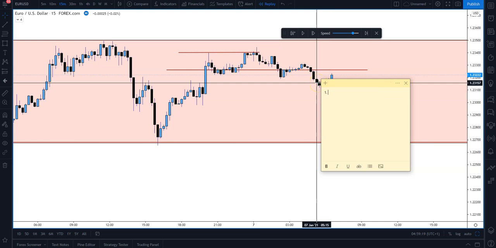Number one, confirm directional bias on higher time frame. Look for possible reversal, doji or Fibonacci.